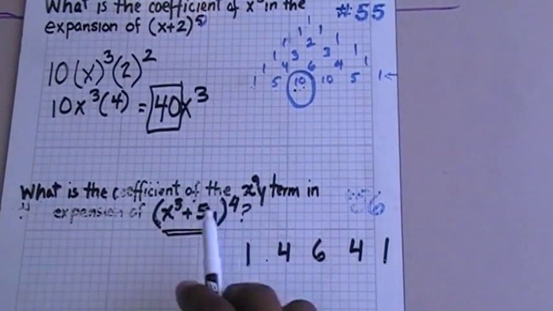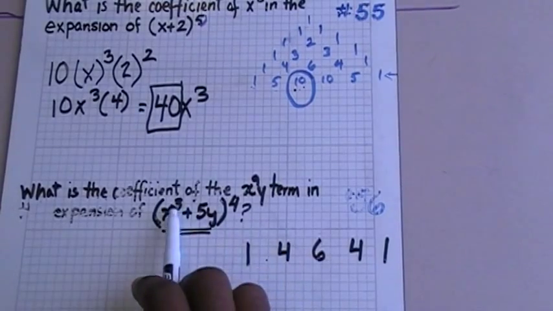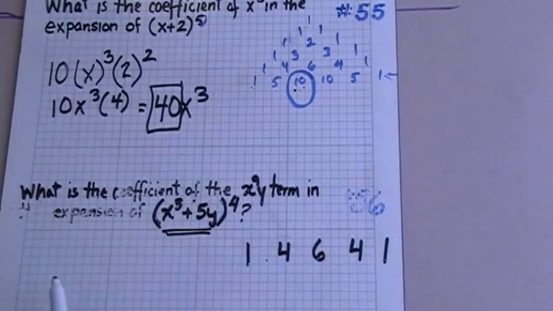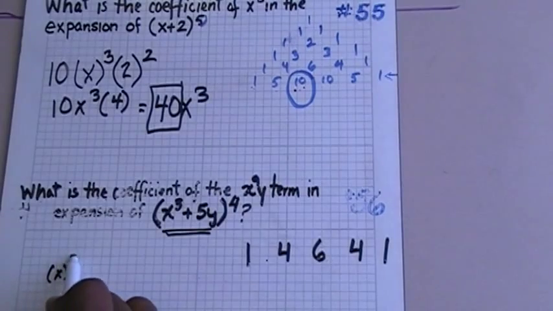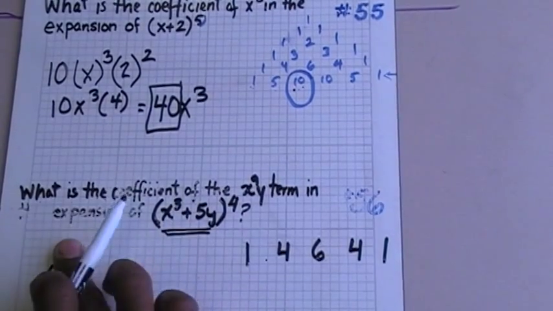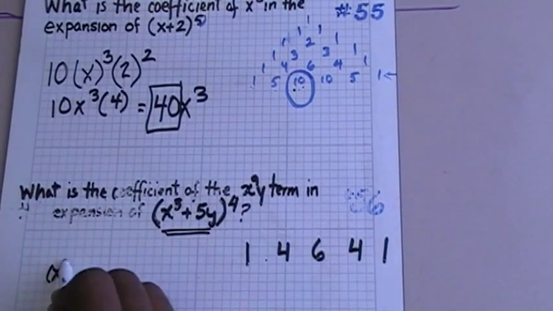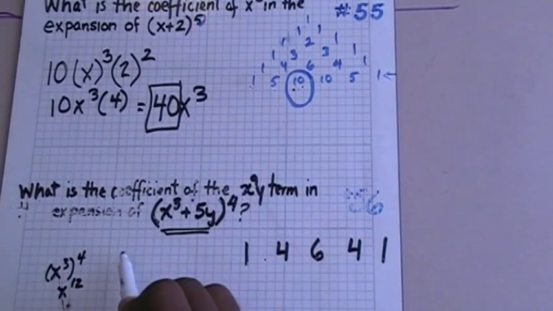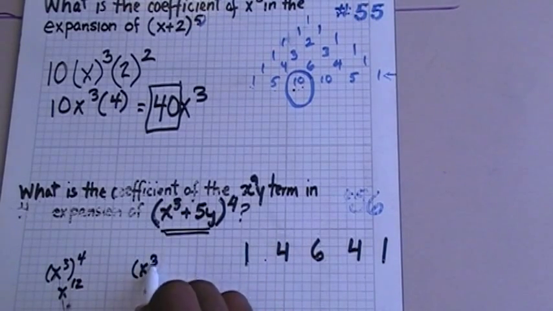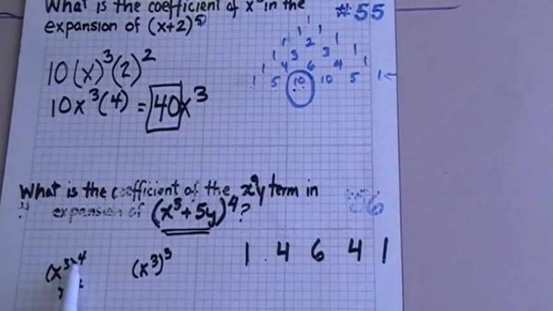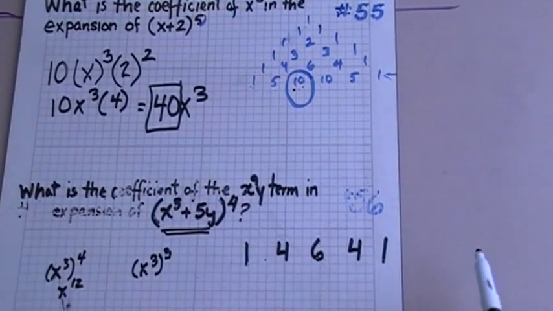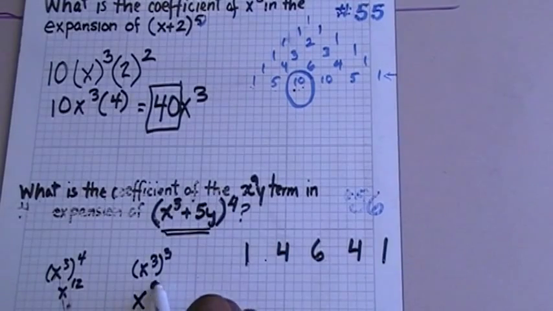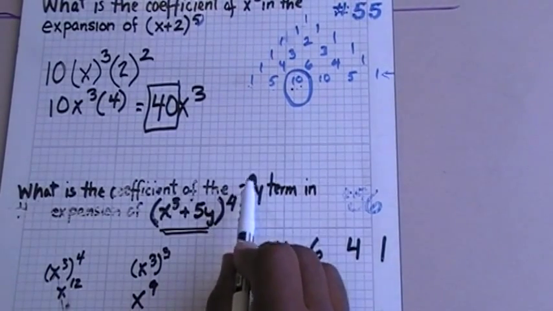Since it's the 4th power, if it was the first term, it would be x cubed to the 4th, which would be x to the 12th. If it was this term, it would be x cubed to the 3rd, because we go 4, 3, 2, 1, 0. And this one gives you x to the ninth, and that's what we're looking for.